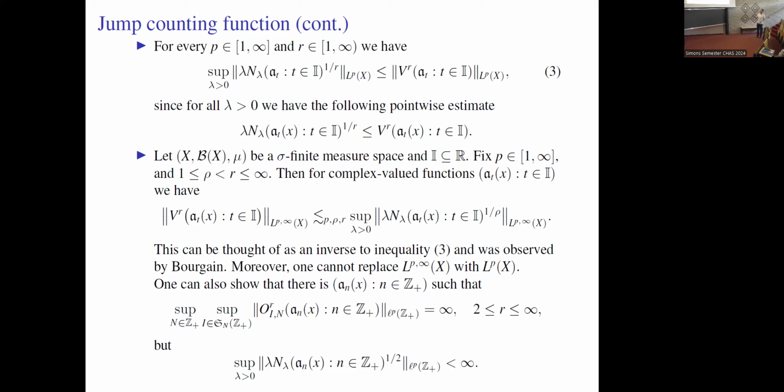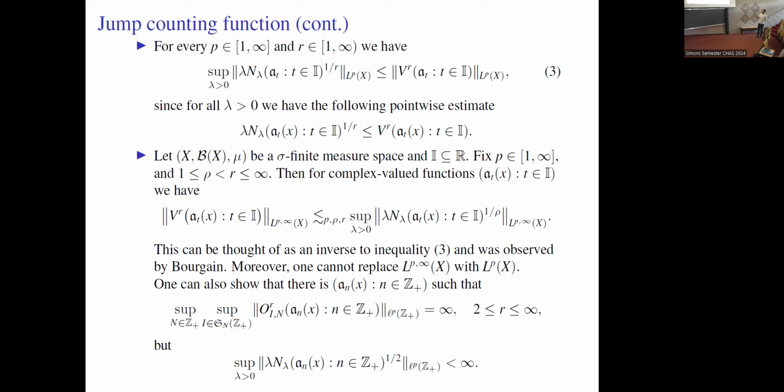In fact, I will give you a quite simple proof of this fact later on. But in practice, it's quite nice because if you want to prove r-variations for r greater than 2, then it's enough to prove a lambda jump estimate for rho equal to 2.